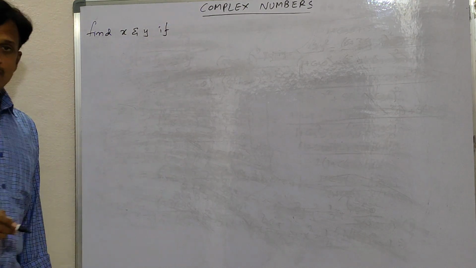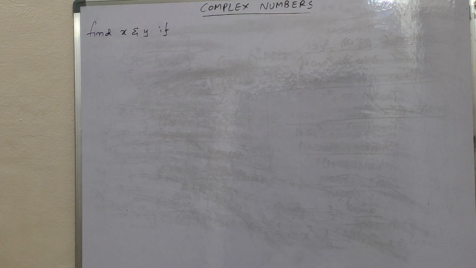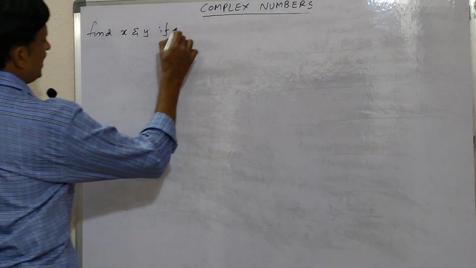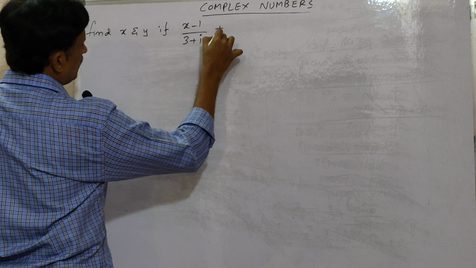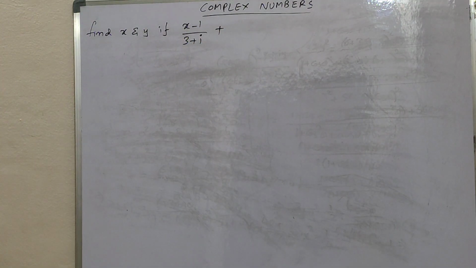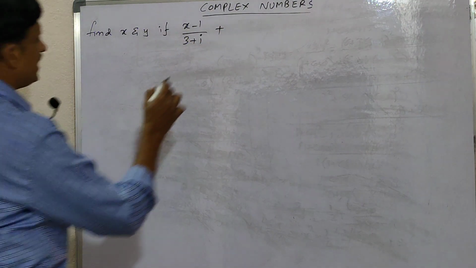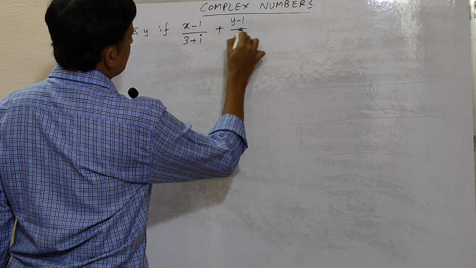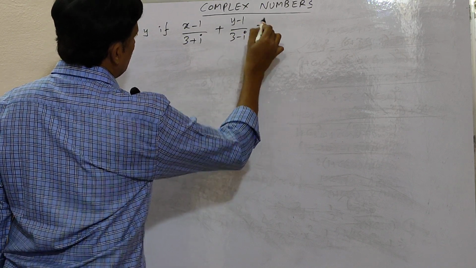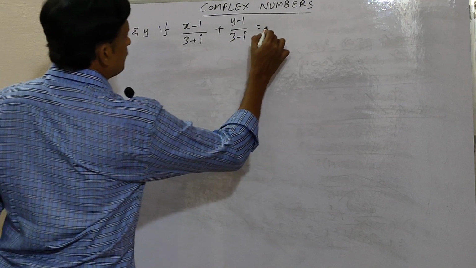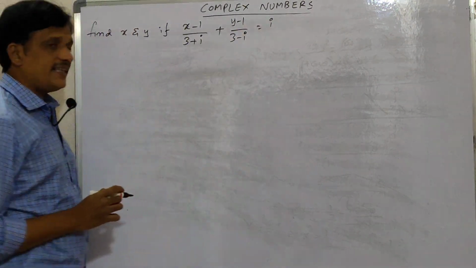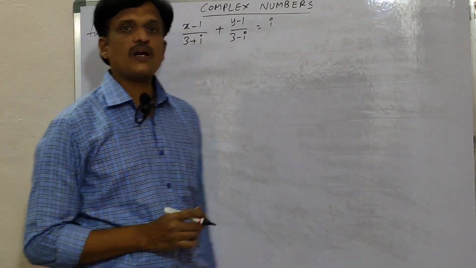Find the values of x and y if x minus 1 by 3 plus i plus y minus 1 by 3 minus i is equal to i. This is equal to i, then the values of x and y we have to write.